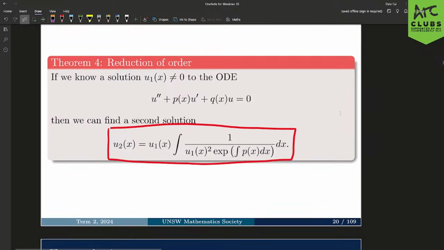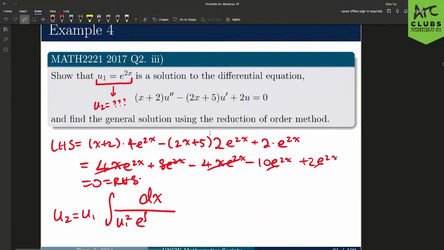Oh, okay, I've made a small mistake here, which is that this needs to have a leading coefficient of 1. So what we need to do in this case is actually rewrite it so that the leading coefficient is 1. So like that. And now p of x is this term over here.